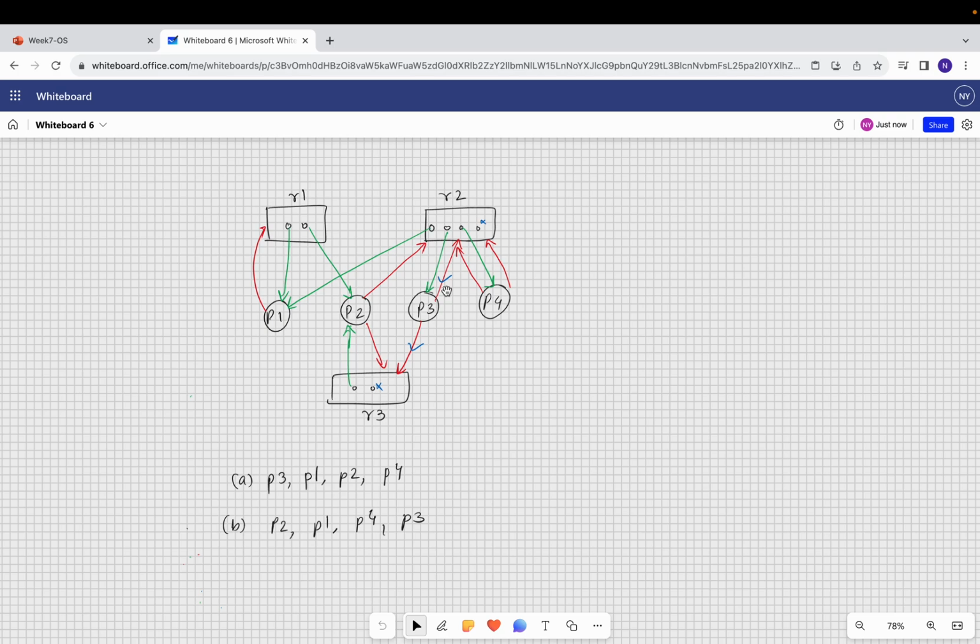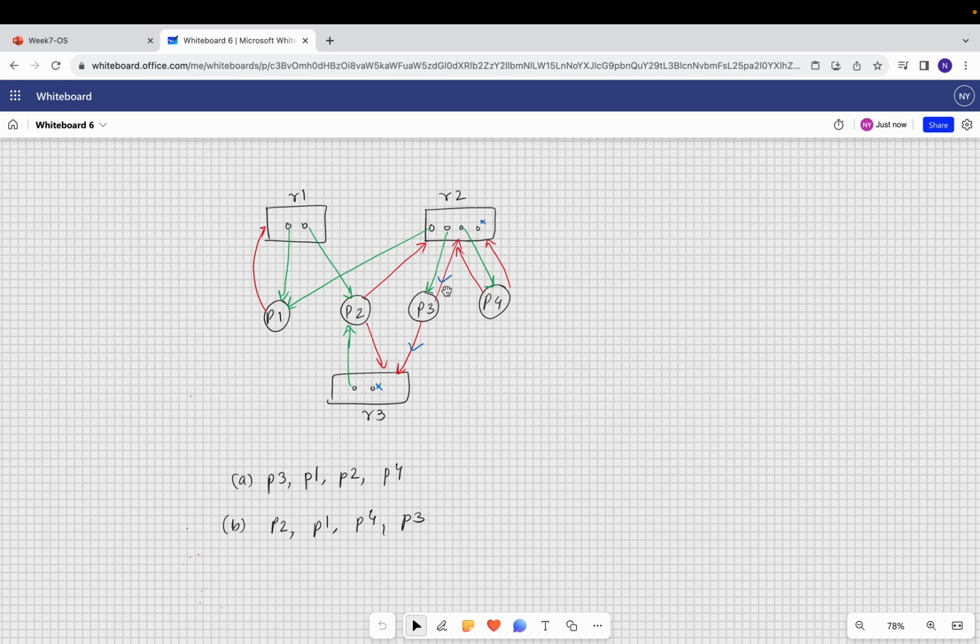So now all the units of resource R2 have been allocated, all the units of resource R3 are also allocated, and of R1 are also allocated. P3 had these two requests, 1 unit of R2 and 1 unit of R3, and both of them have been served.